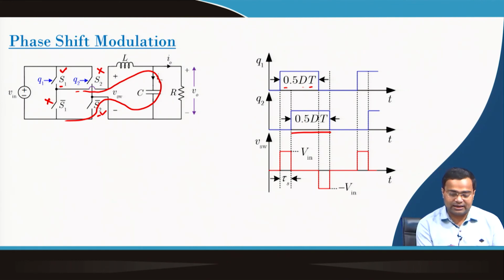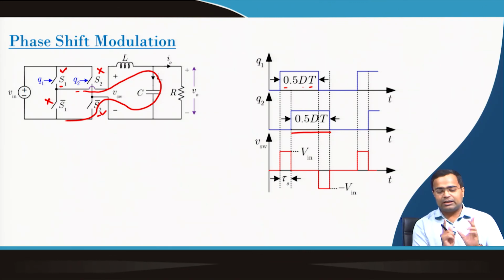I am sorry, here I should mention that S1 and S2 bar are not the same switch. S1 is operated by the switch signal Q1 and S2 is operated by the Q2 signal, and S1 and S1 bar operate in a complementary fashion, and S2 and S2 bar also operate in a complementary fashion. So, when S1 is on and S2 is off, that means S2 bar is on, we can see the V in voltage.